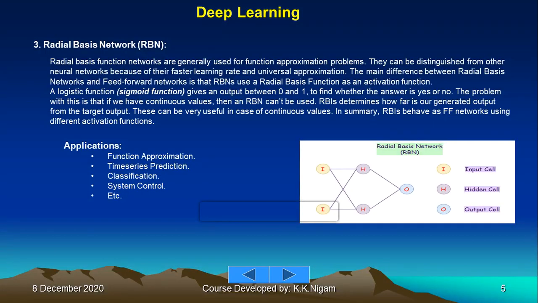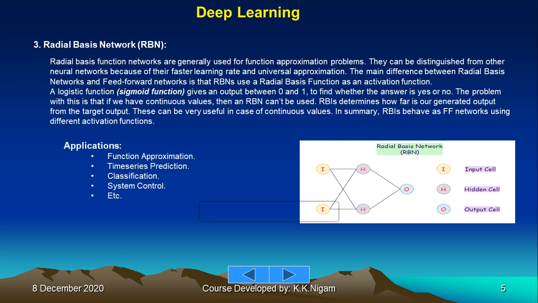Now, radial basis network. RBN or radial basis function networks are generally used for function approximation problems. They can be distinguished from other neural networks because of their faster learning rate and universal approximation. The main difference between radial basis network and the feed-forward network is that RBNs use a radial basis function as an activation function.